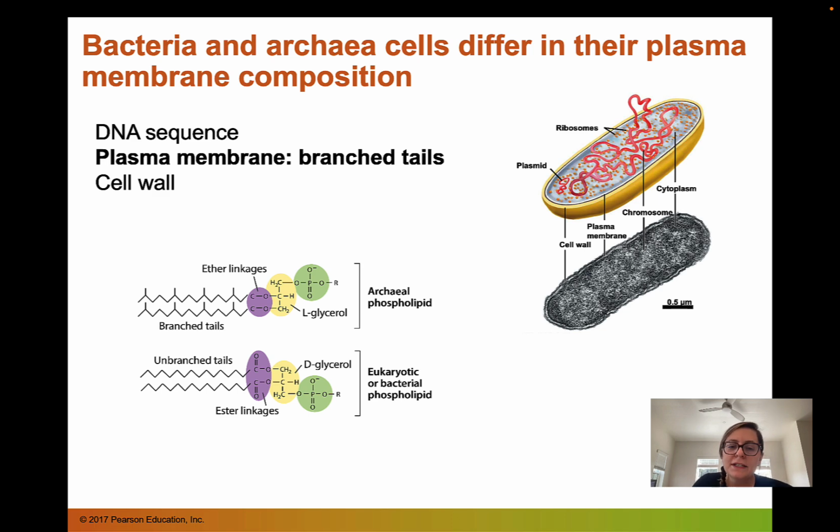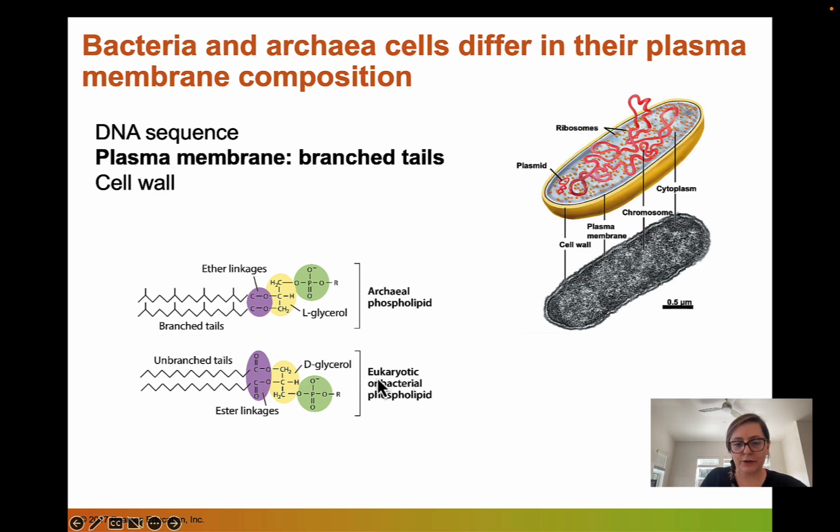Some other differences between bacteria and archaea is that they both have a plasma membrane, but that plasma membrane differs in structure. So recall that the plasma membrane is made up of phospholipids, and phospholipids have usually a glycerol molecule and a phosphate, and they're attached by ester linkages to fatty acid tails.